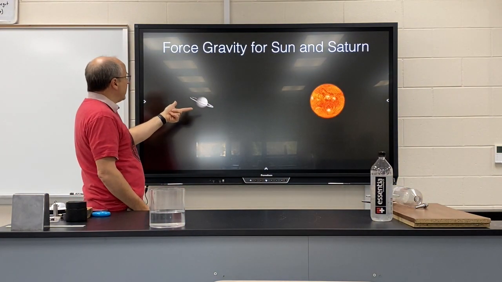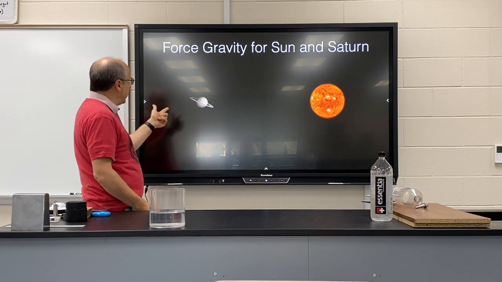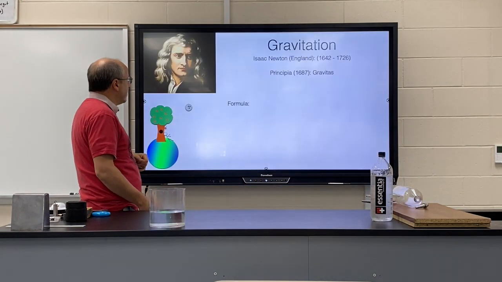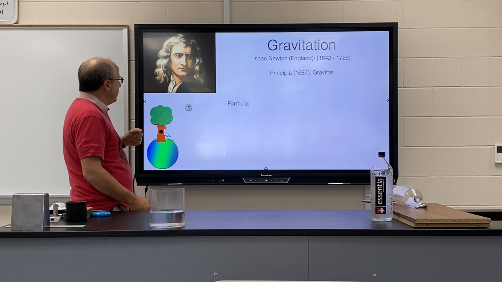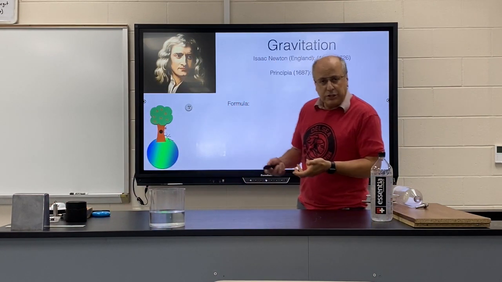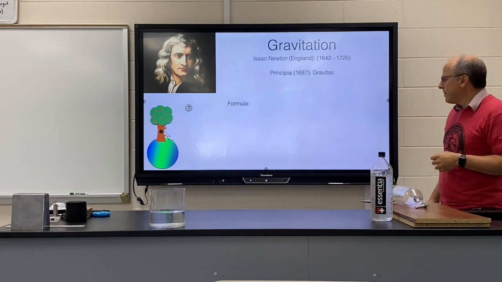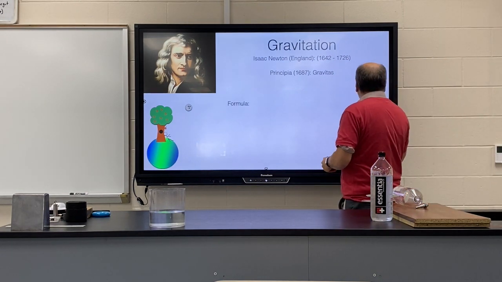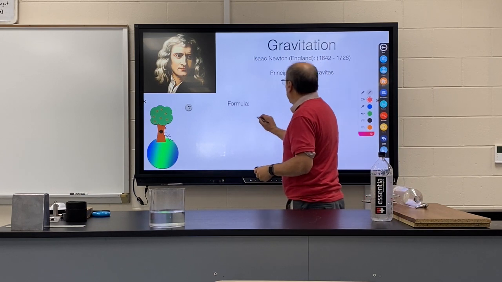We learned how to calculate the force of gravity between a planet and a star. We learned that Newton was the one who came up with the relationships for force of gravity. We had the formula for force of gravity looking like this.